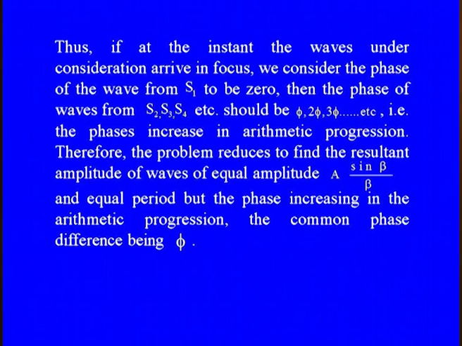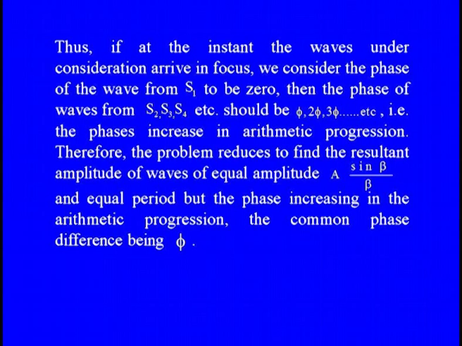Similarly, we can calculate the phase difference between the other diffracted waves. Thus, if at the instant the waves under consideration arrive in focus, we consider the phase of the wave from S1 to be 0, then the phases of waves from S2, S3, S4 and so on should be phi, 2 phi, 3 phi etc. That is, the phases increase in arithmetic progression.